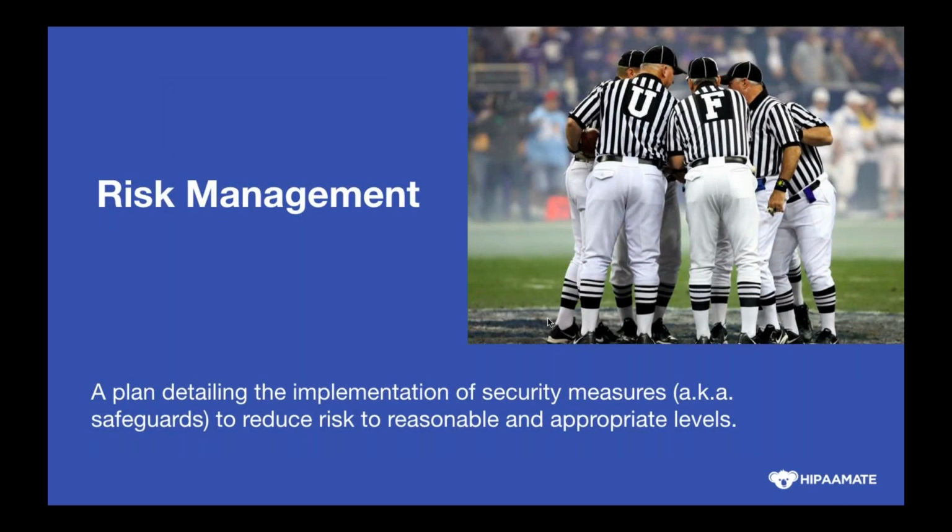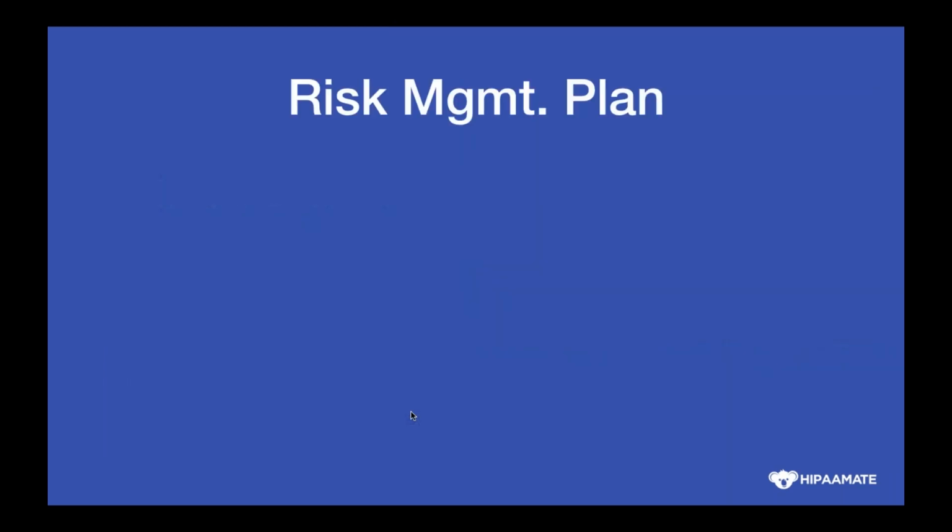Software can streamline that. So the second part of risk management is this risk management plan. Now this is a detailed plan where you're basically going to implement security measures, safeguards, to reduce risk to a reasonable level. Now the good news is, docs, we're almost done. This is the last slide. Well, there's one more.